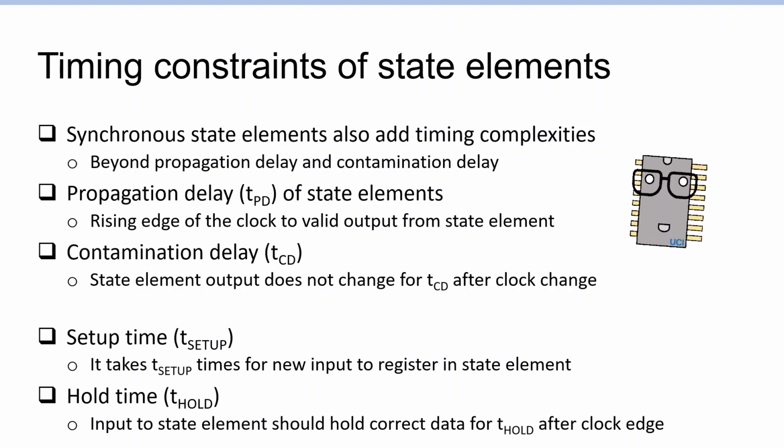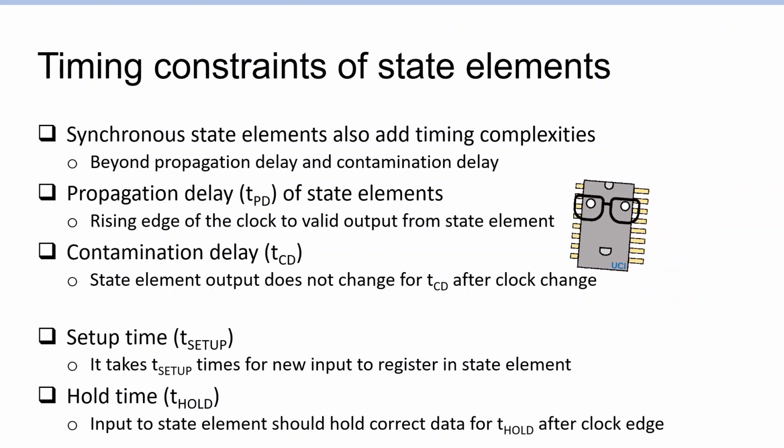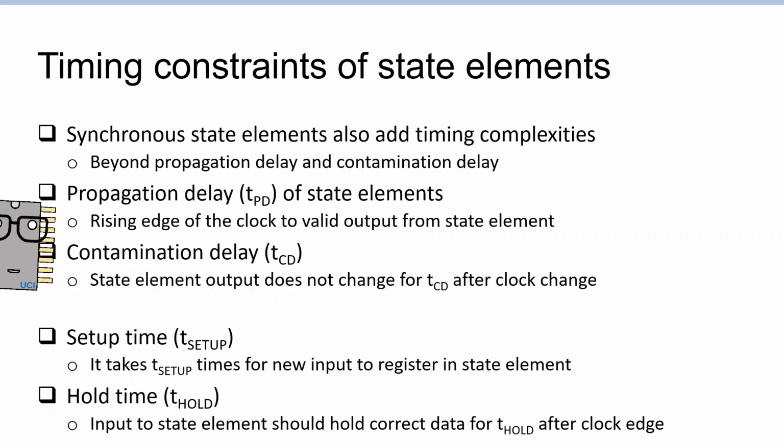The things that are added include the propagation delay of state elements, which describe the time between the rising edge of the clock, because we're talking about synchronous circuits, rising edge of the clock to having a valid output being emitted from the state element.